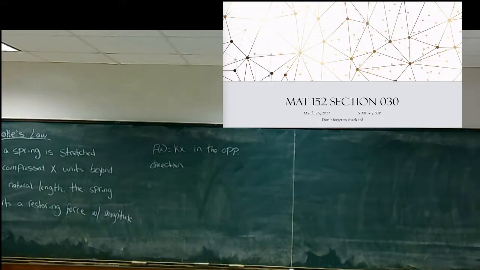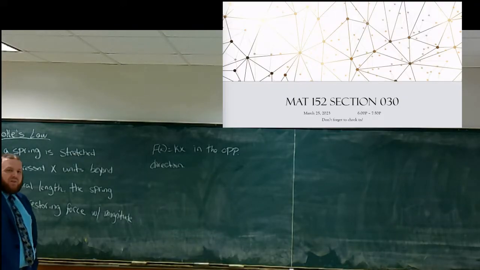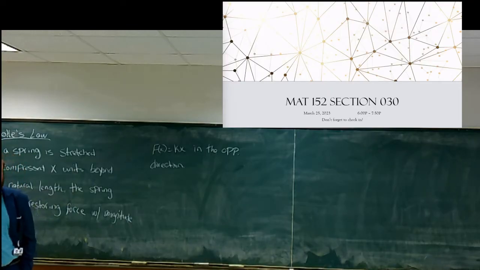The magnitude of that force is K times X. The direction is the opposite direction. So if the spring's being compressed, the restoring force is opposite, wants to expand it back out to its natural length. If you're stretching the spring, you have a restoring force that's trying to compress it back to its natural length.